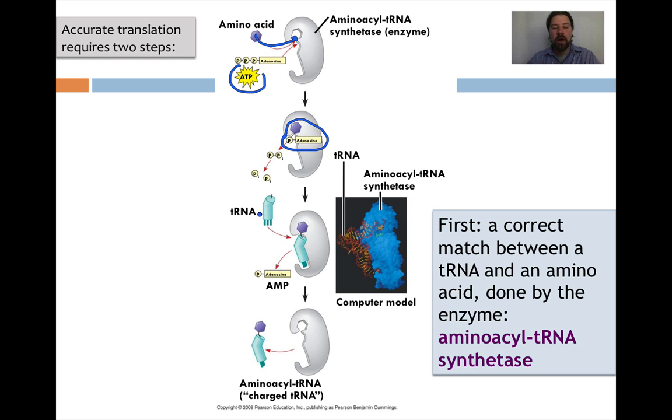Then we have a tRNA float in, and it's going to bind with the particular amino acid that we see here, and it seems to kind of chemically rearrange to get rid of the adenosine monophosphate. Now what's left over is the actual part that we need, which is a charged tRNA: a proper amino acid on the top, along with the proper anticodon on the bottom, and this thing is ready to go, ready to add this amino acid to a growing chain.